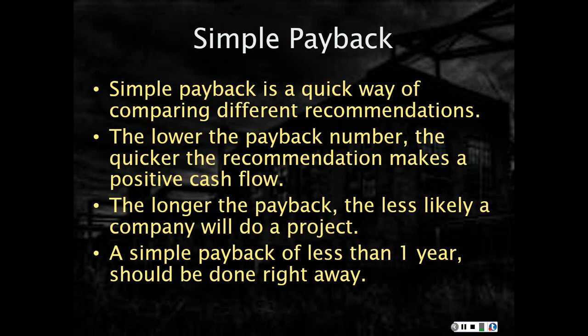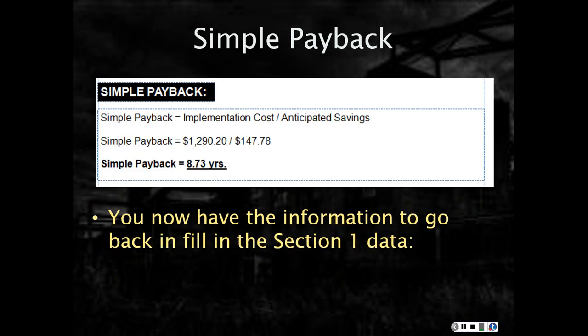The lower the payback number, the quicker the recommendation makes a positive cash flow. Again, the longer payback, the less likely a company will do a project. In this day and age, a simple payback of less than 1 year should be done right away. Each company will decide what sort of the max payback they're willing to look at.